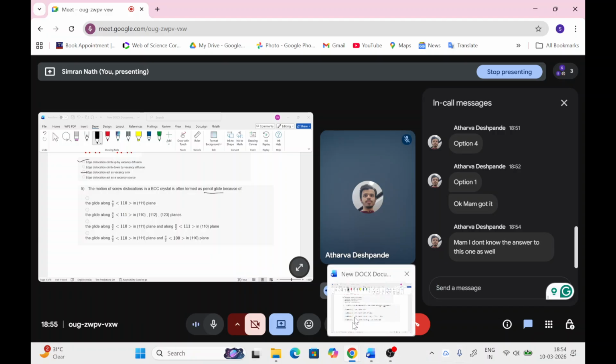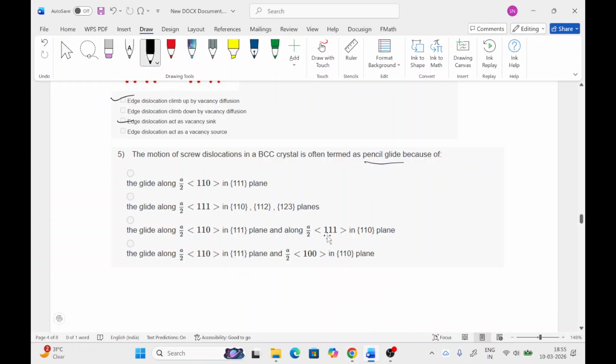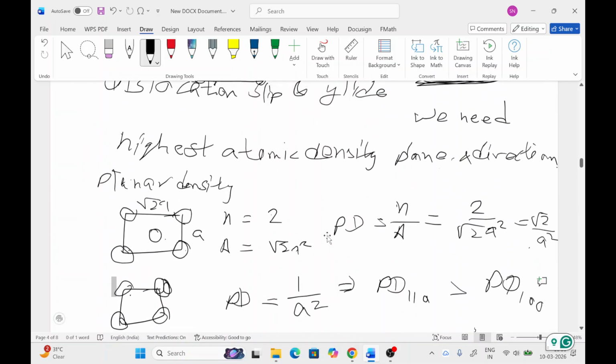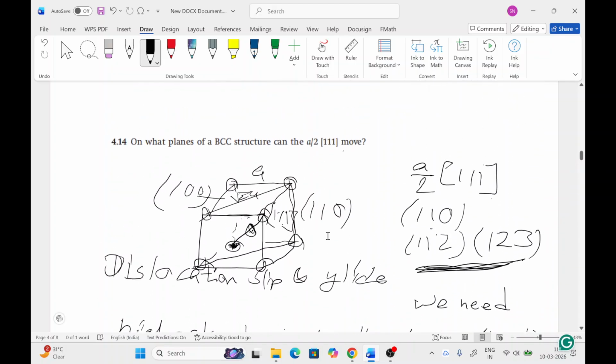Here we have one Burgers vector direction and three planes. So when the screw dislocation with this a/2 <111> Burgers vector moves on these planes randomly, that creates pencil glide.